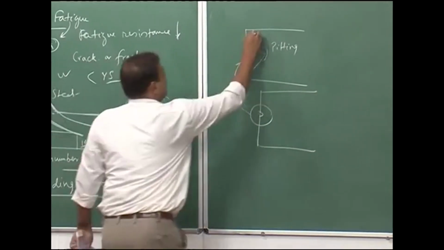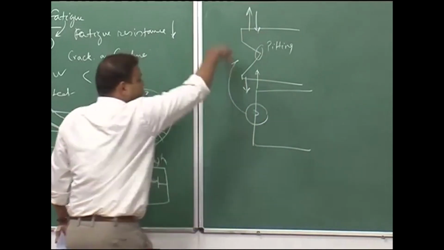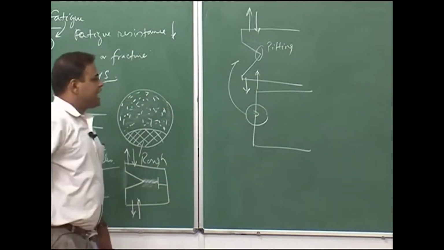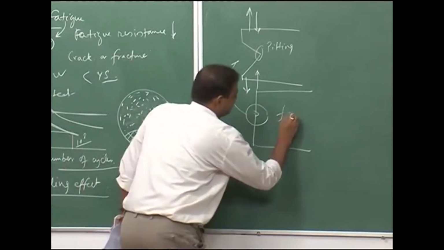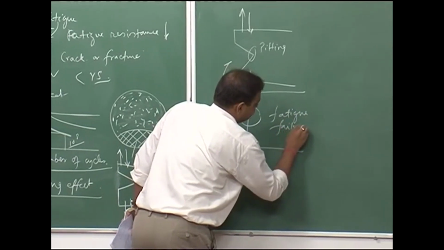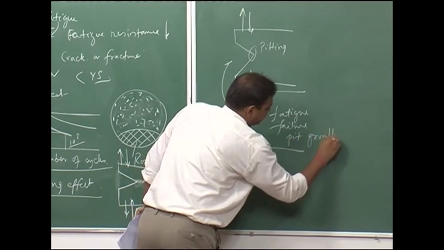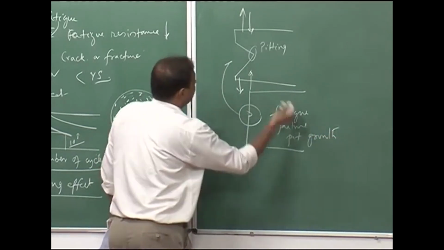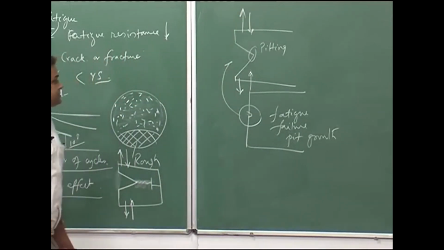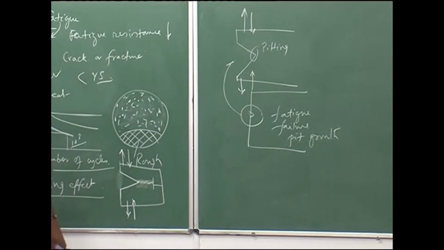And due to this alternate stress reversal, this pit would grow and then lead to fatigue failure. Pit growth will occur due to the alternate stress reversal or the fatigue action, and then there could be corrosion fatigue.